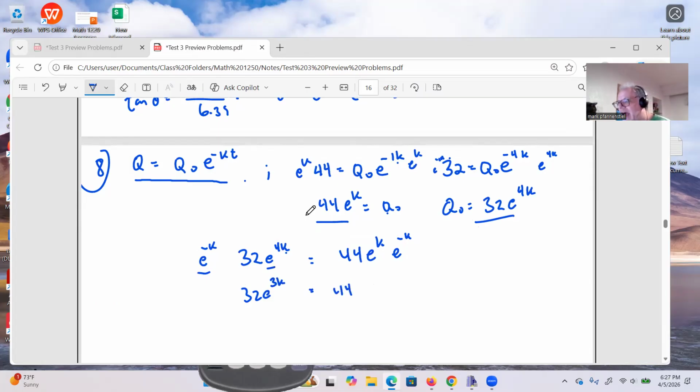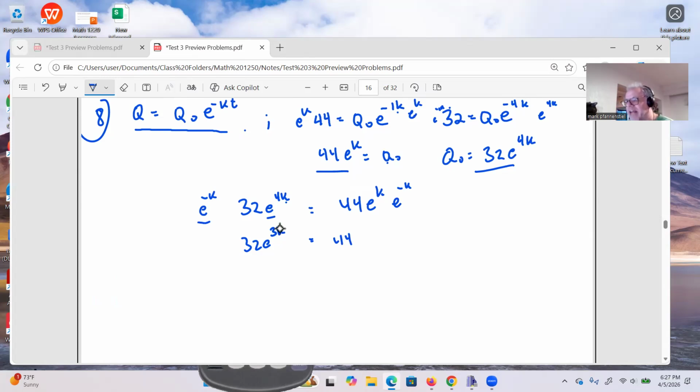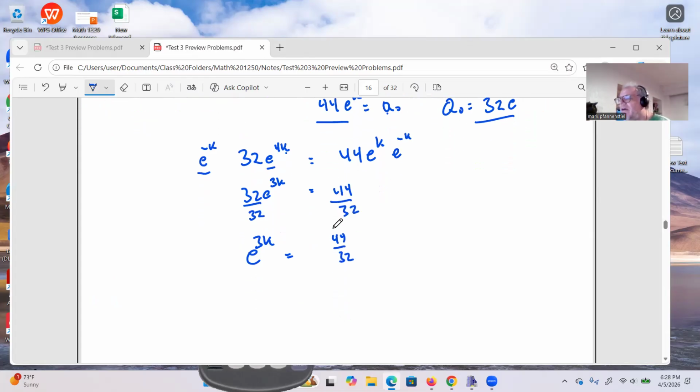Now I'm going to take a logarithm. First I'm going to divide both sides by 32, so e to the 3k is equal to 44 over 32. That's going to be a decimal. Once we have e to the 3k all cleared off, it's time to take a logarithm. Take the natural log of both sides.